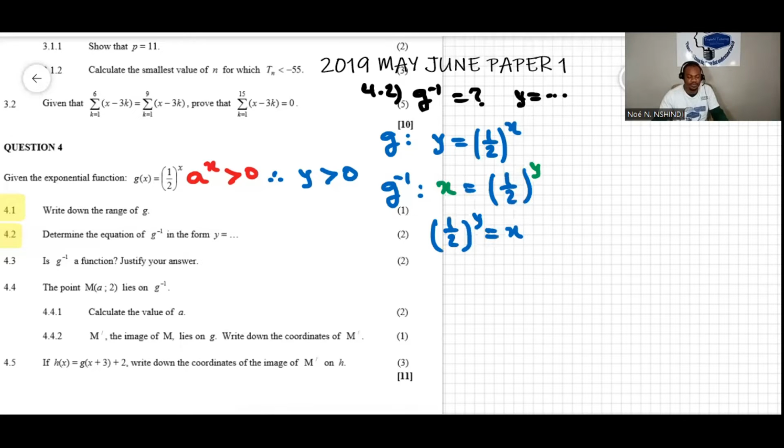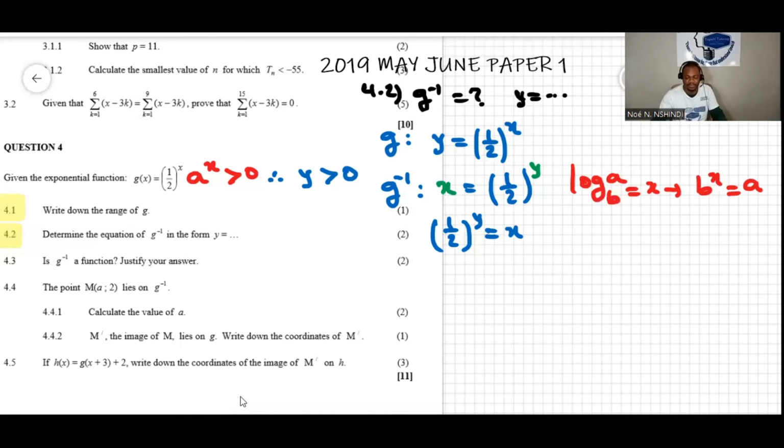Now, I think you know this property for logs and exponential functions. The inverse of exponential functions are logs and vice versa. There is a property that says this: log of a base b equal x implies that b to the power of x equals a.